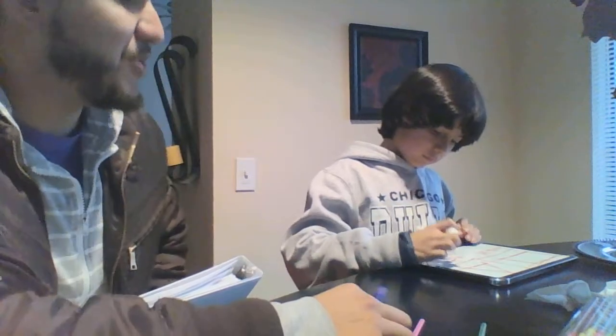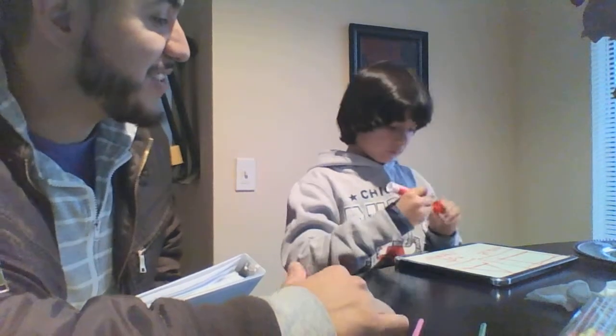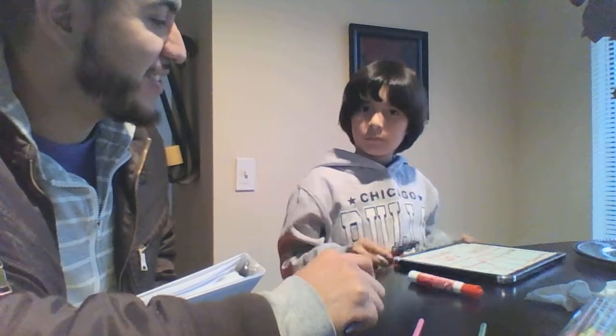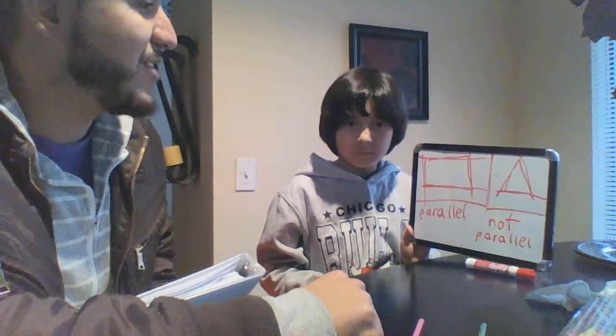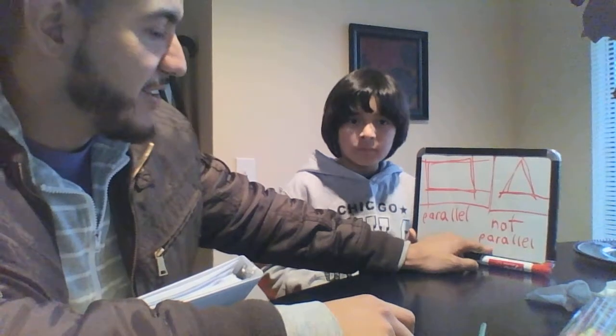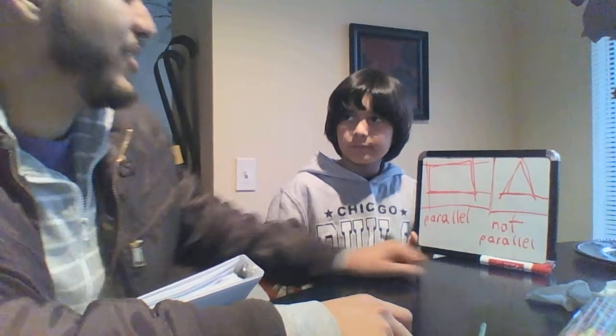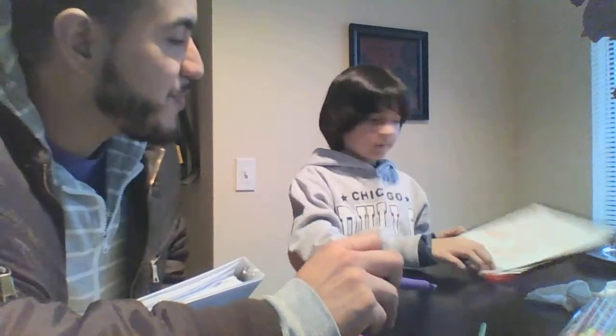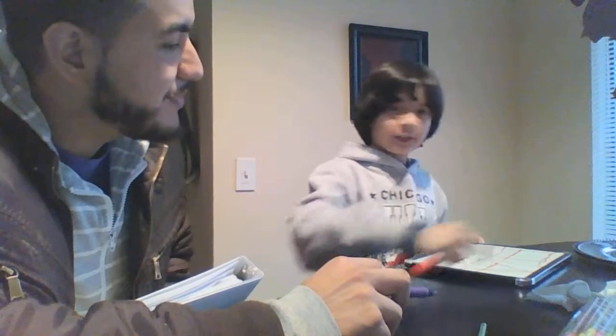All right, hold up the board so we can see that. You actually did something and took it to the next step, and that's awesome. You drew out a triangle and then you wrote down that it's not parallel. So why is it not parallel? Because these lines are crossing. Okay, that's good. All right, see, you got this, Isra.